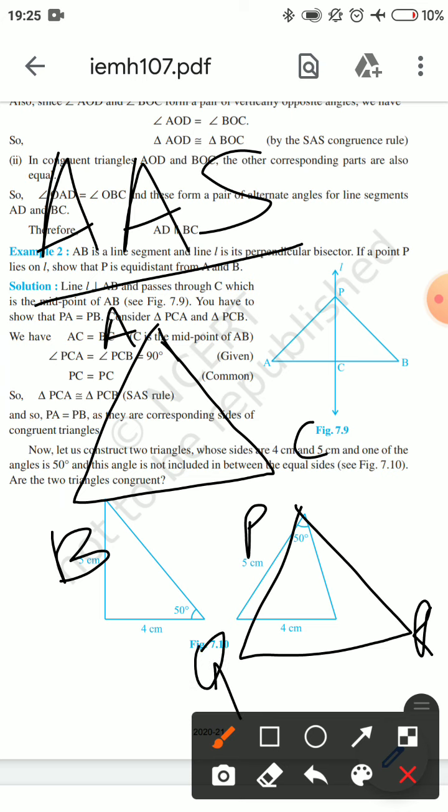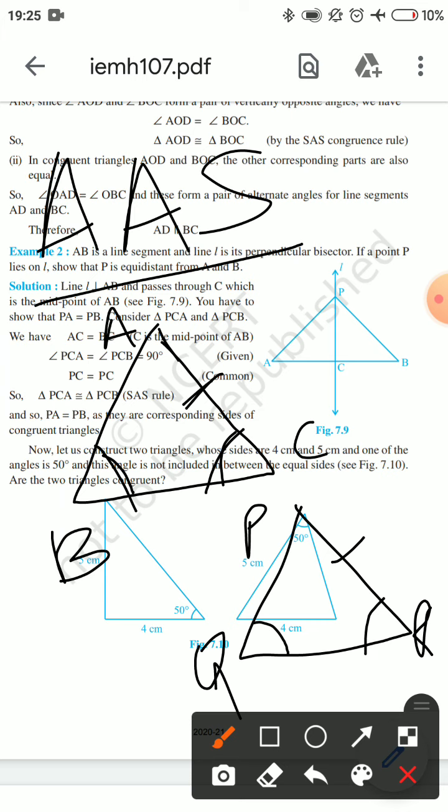So we are given that these two triangles are congruent by AAS or angle angle side criteria. So if angle B is equal to angle Q, angle C is equal to angle R, and the side next to angle C will be equal to side PR, then we can say that these two triangles are congruent by AAS criteria. Why? Because angle, angle and side, right?